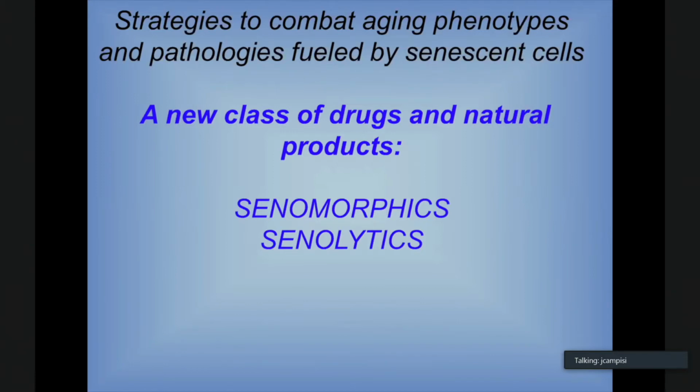And they're basically called two types of drugs. So xenomorphics are drugs that selectively change the phenotype of senescent cells. I'll show you an example of that. And the other are the so-called senolytic drugs, which are achieving much more attention because they have been shown to selectively kill senescent cells.